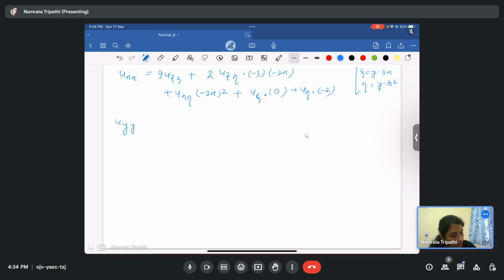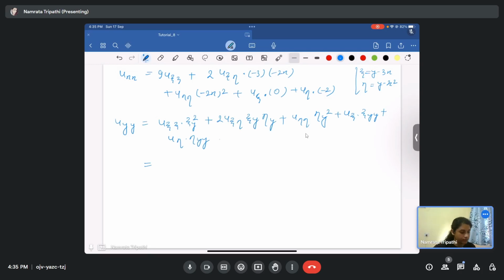Similarly, you have to calculate uyy. The value of uyy we have seen: u xi xi xi y square plus 2 u xi eta xi y eta y plus u eta eta eta y square plus u xi xi yy plus u eta eta yy. Fine. What is the value of xi y square?